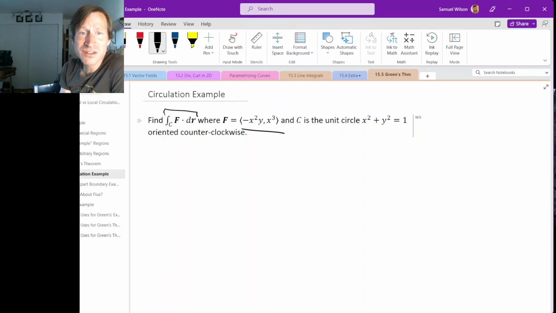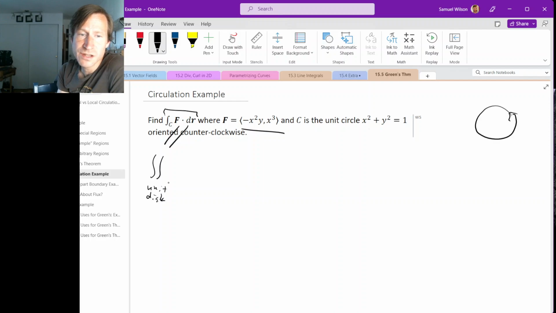Okay, but what we can do instead is, Green's theorem gives us another option. Because we're integrating around a unit circle and we're going counterclockwise, Green's theorem gives us the option of switching to a double integral. So we could do the double integral over the unit disk, which is the interior of the unit circle.